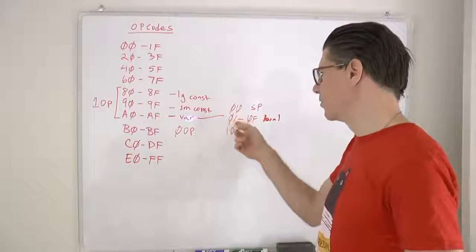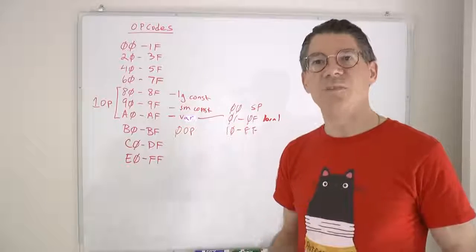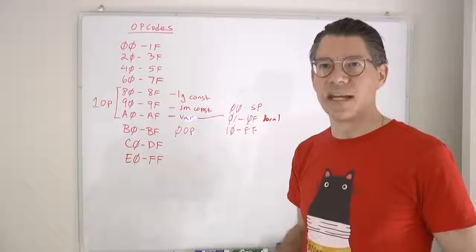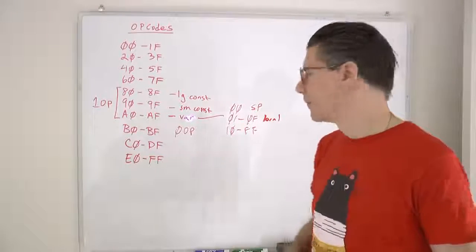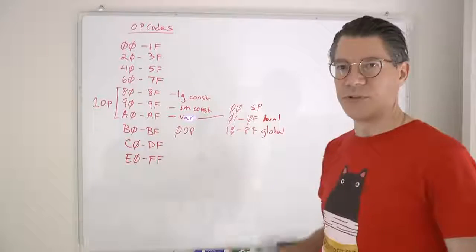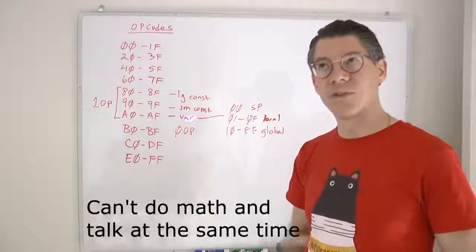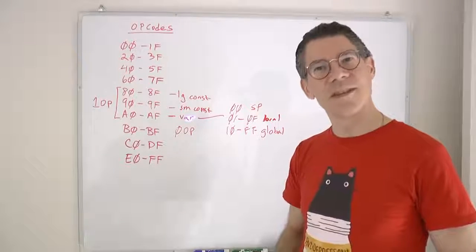So for example, if I were to increment variable 1, that means that I would be incrementing the 16-bit value that's in local variable 1. And the rest of the variables are all globals. So there are, what is that, 250 of them? 249, something like that.